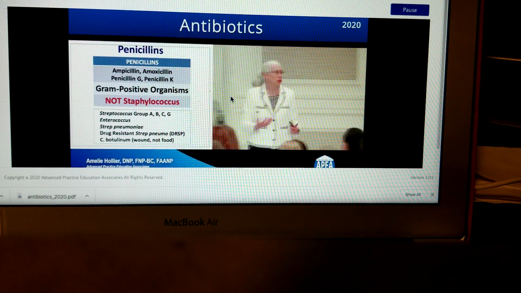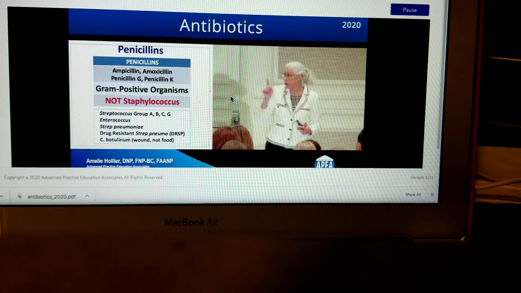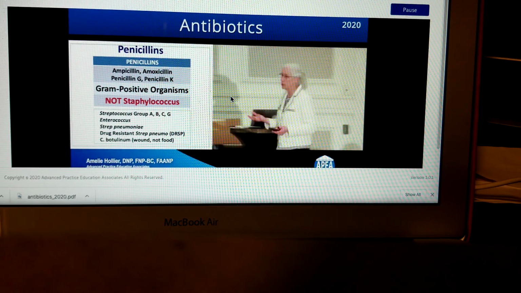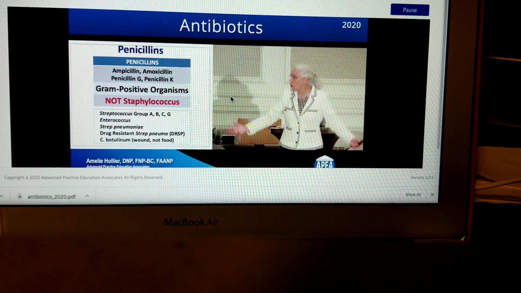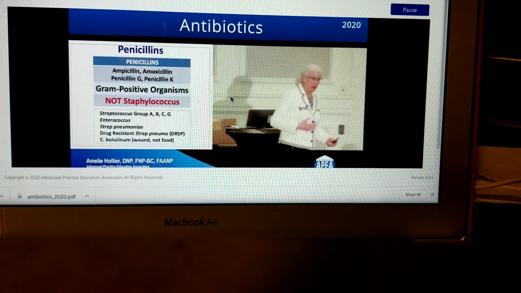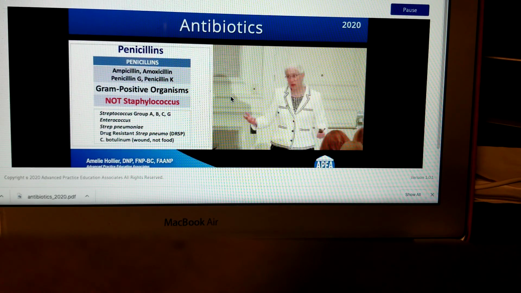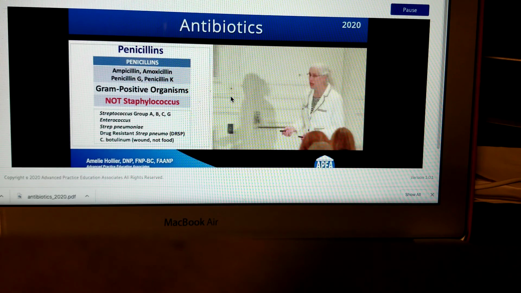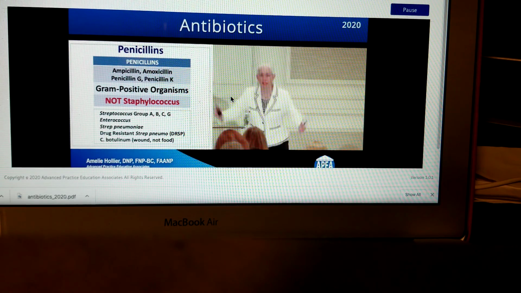So even if you're allergic to mold, which a third of the people in this room probably are, you wouldn't have an allergic reaction to penicillin because it's no longer made with a mold. But of all the antibiotics with allergenicity, the penicillins are some of the top, or the top antibiotic. So let's talk about the penicillins.